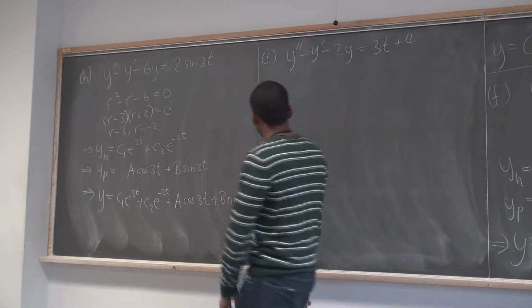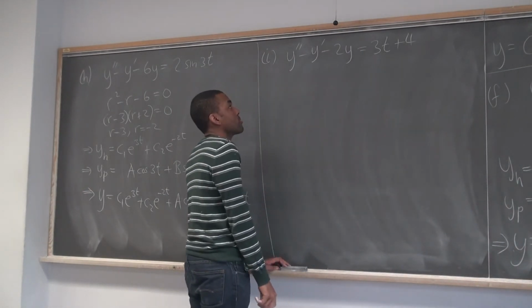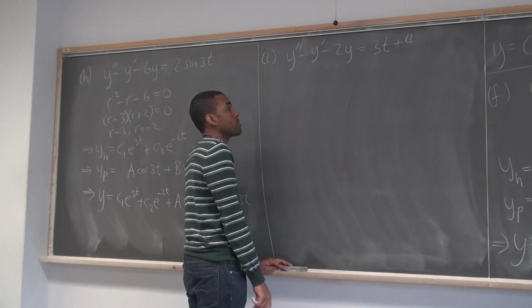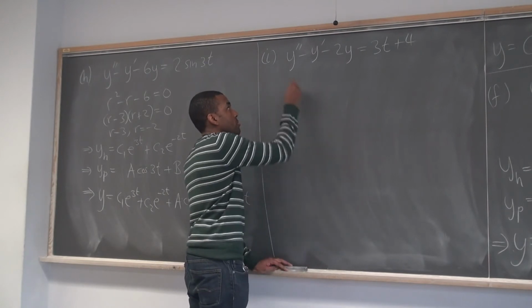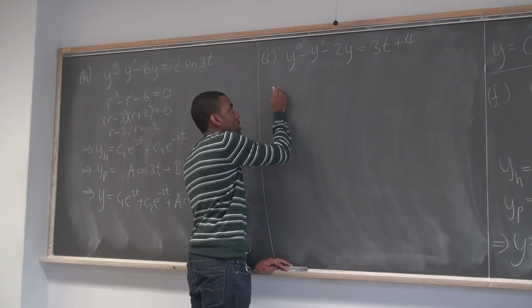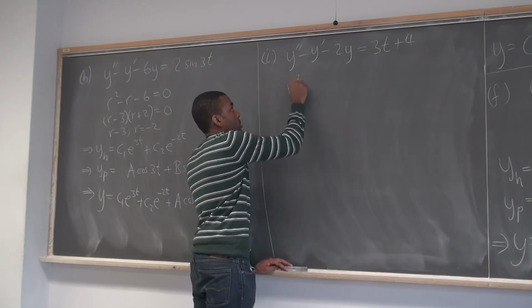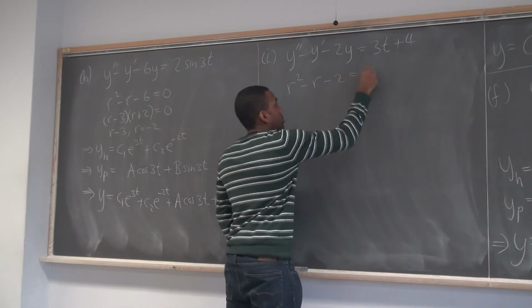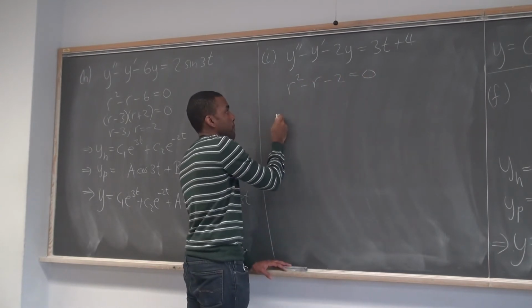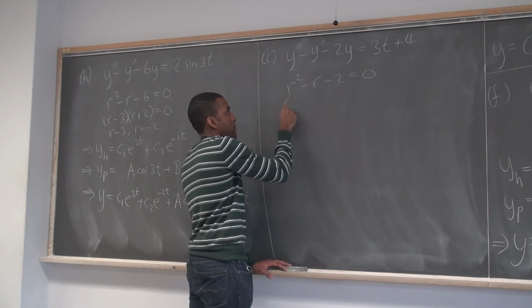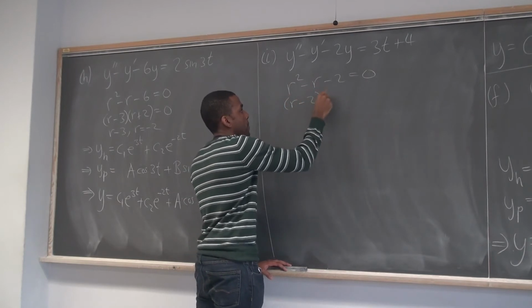This one? How do you start? R squared minus R minus 2. How do you solve that? R minus 2, R plus 1.